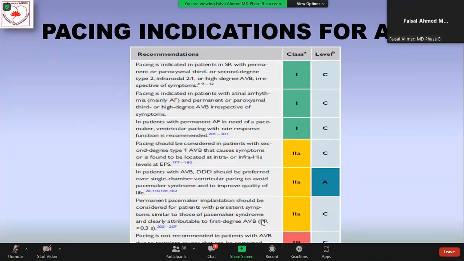Dual chamber pacemaker is preferred over single chamber pacemaker for improved quality of life, and pacing is not recommended in patients where AV block occurred due to a transient cause that can be corrected and prevented.